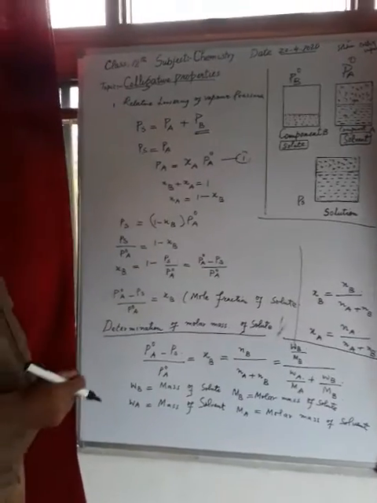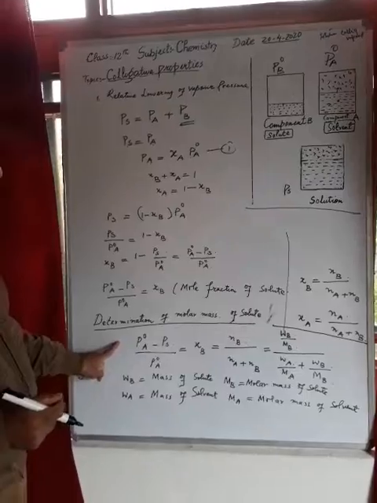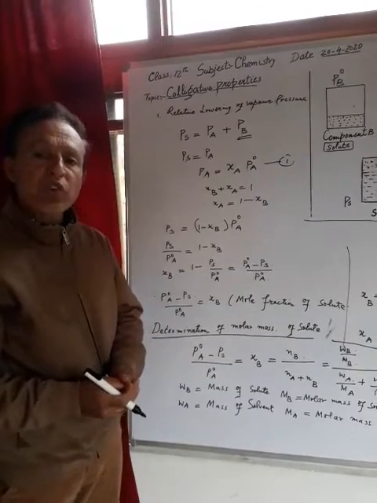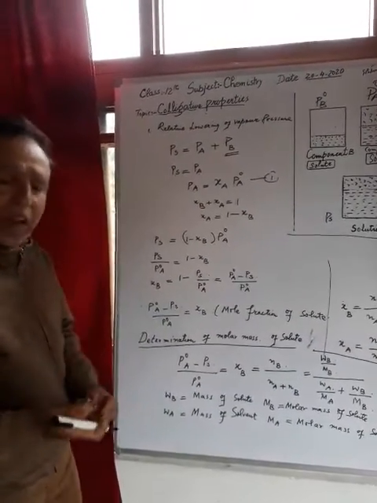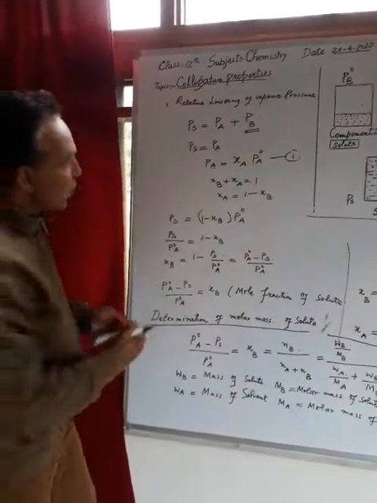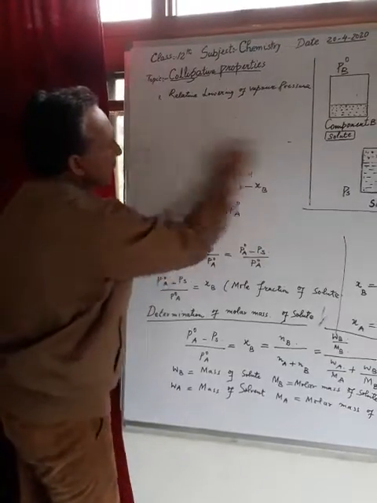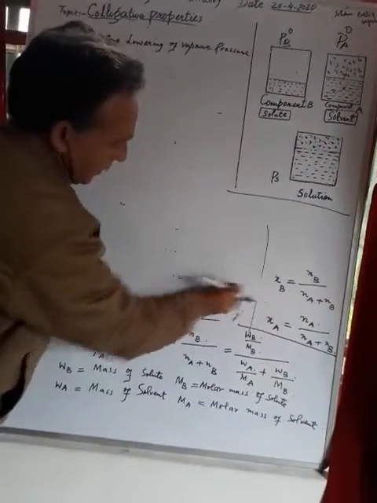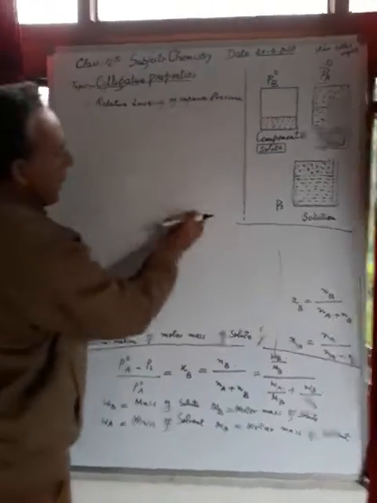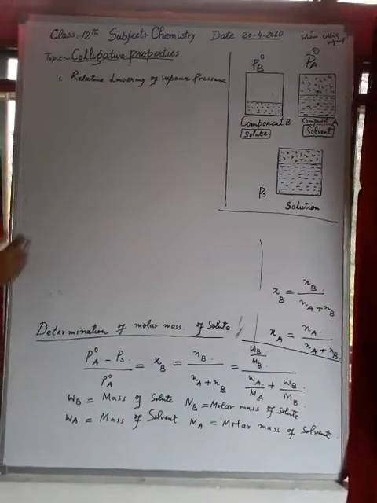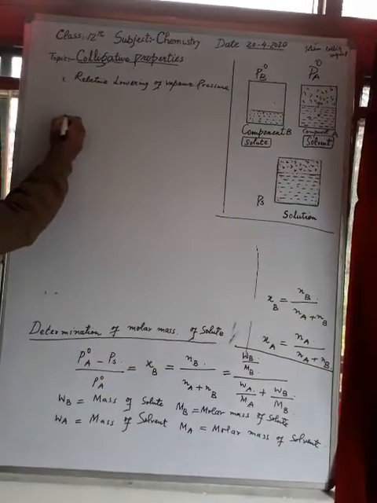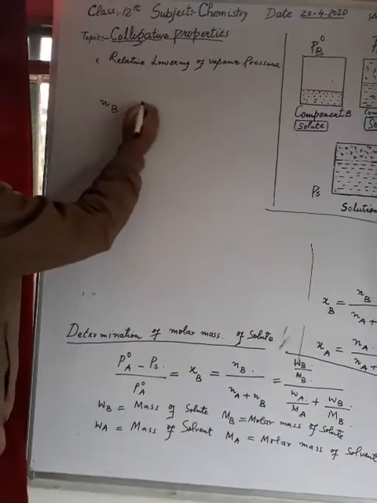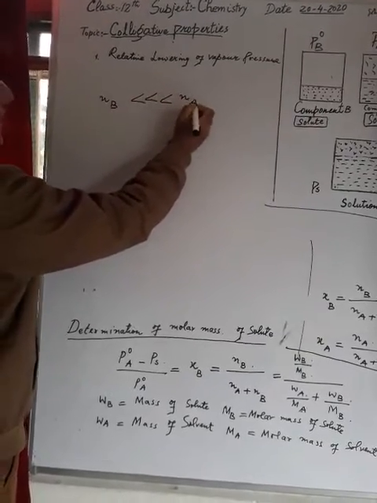Since we are applying Raoult's law, and Raoult's law is applicable only to very dilute solutions. Now what is a dilute solution? In a dilute solution, the number of solute particles is negligible or very small as compared to the number of particles of the solvent. So the number of moles of the solute for a very dilute solution is very small as compared to NA.